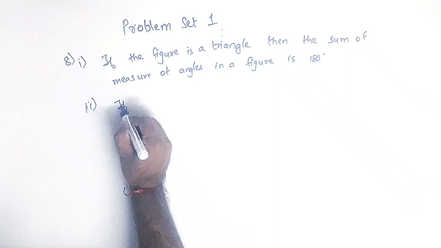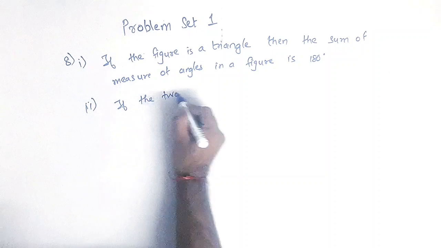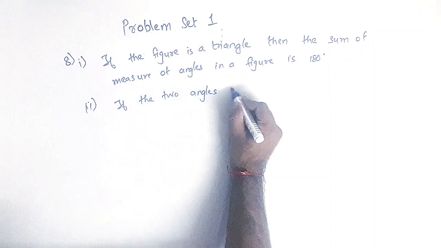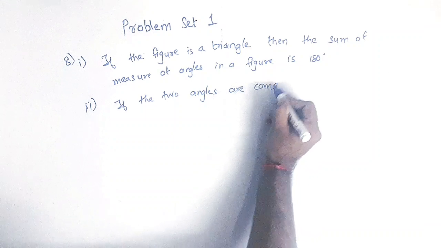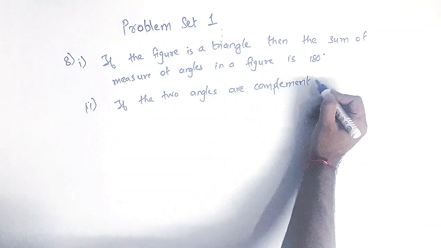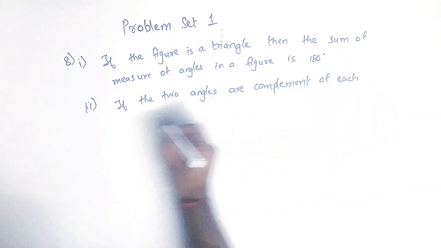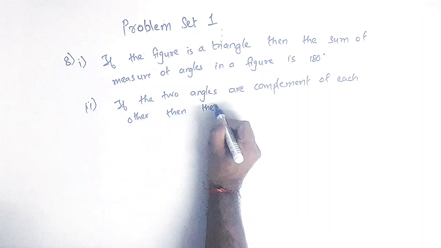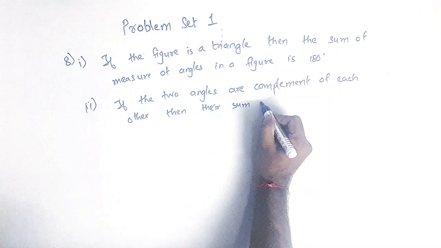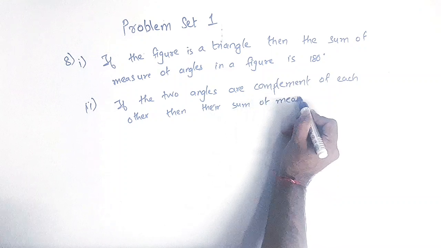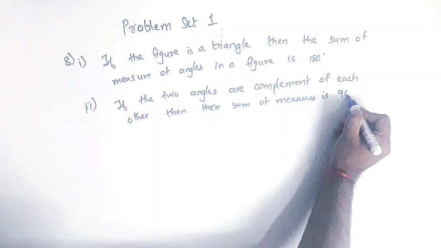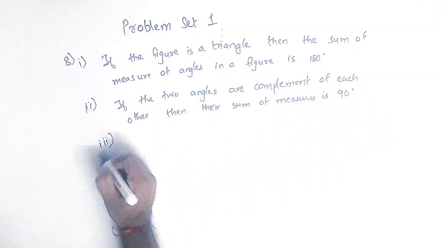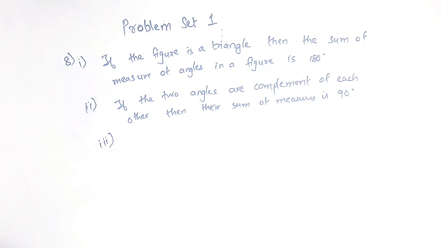So if the two angles are complementary to each other, then their sum of measures is 90 degrees.